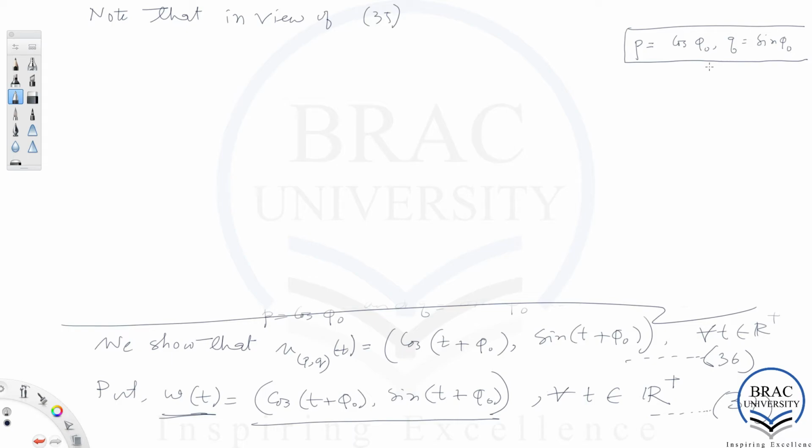So this was 35. So in view of this equation number 35, the function, this time dependent vector to be more precise, w is equal to w of t given in 37, satisfies the initial condition 34.